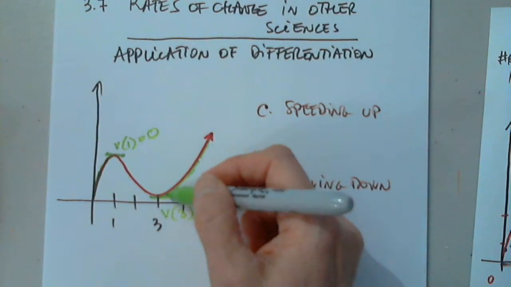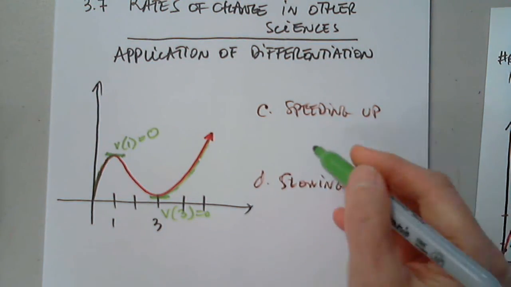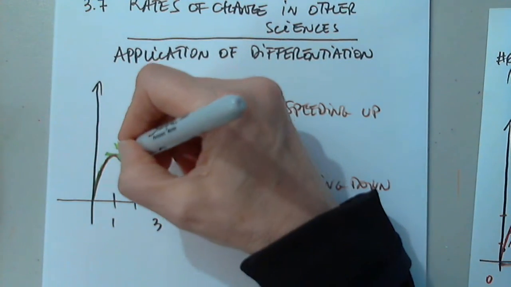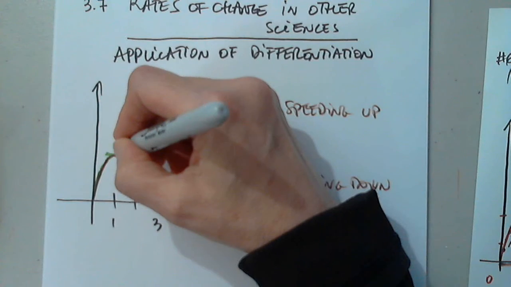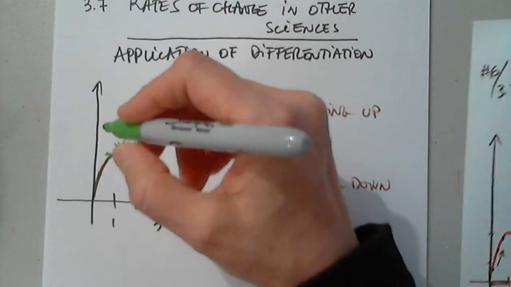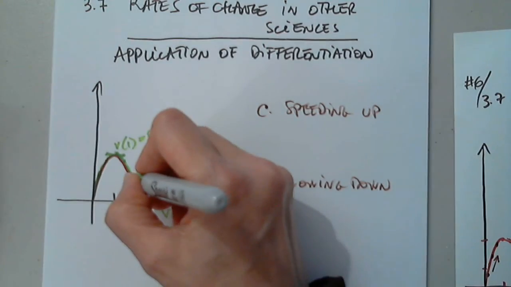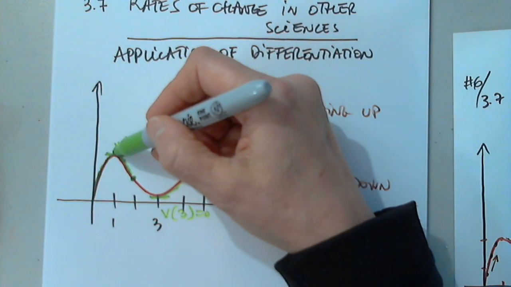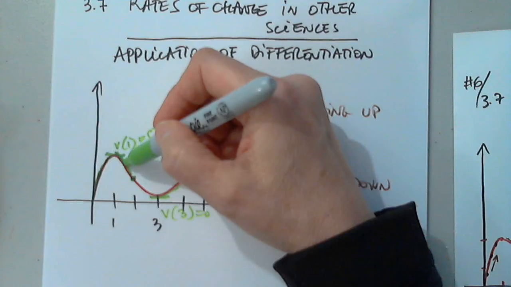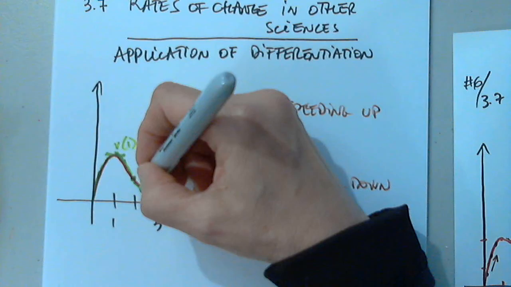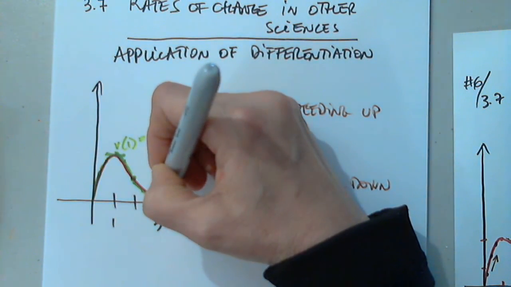So the particle is speeding up. Let's see what happens here. So this is a slope that is negative. This is a slope that is negative, till a certain point. I don't know exactly where the point is. So negative, bigger negative, smaller negative, 0.